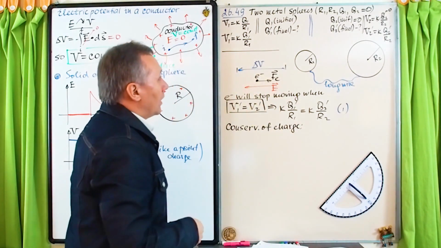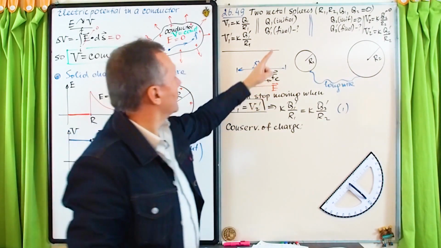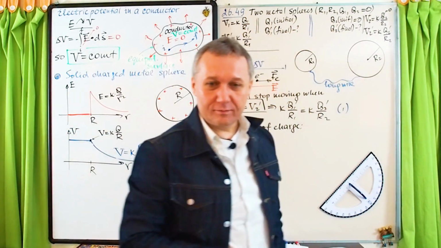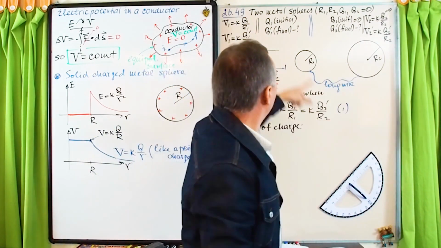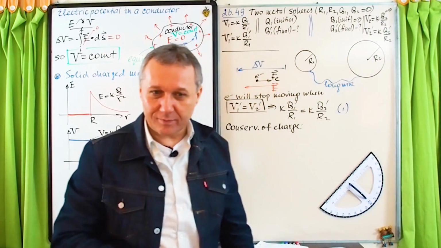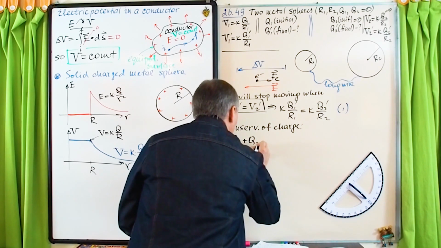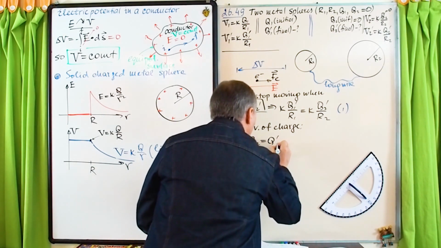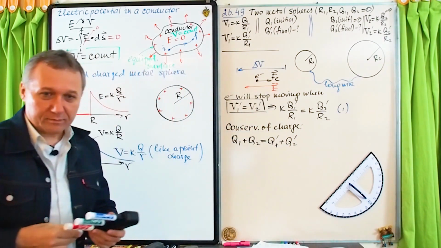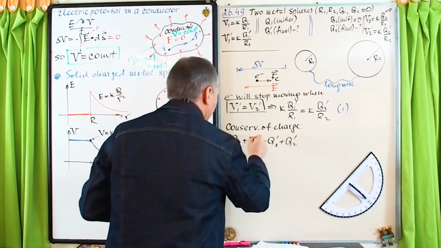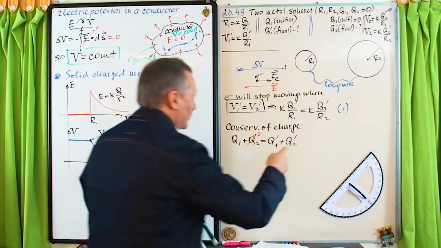It means that before we connected these two spheres with a long wire, Q1 plus Q2 must be equal to the total amount of charge after we connected them, Q1 prime plus Q2 prime. So we can write Q1 plus Q2 equals Q1 prime plus Q2 prime. And of course, we know that this amount of charge is 0, so we can simplify that. So now that will be the second equation.